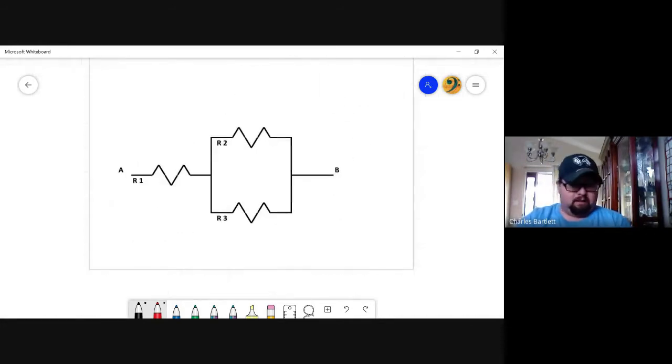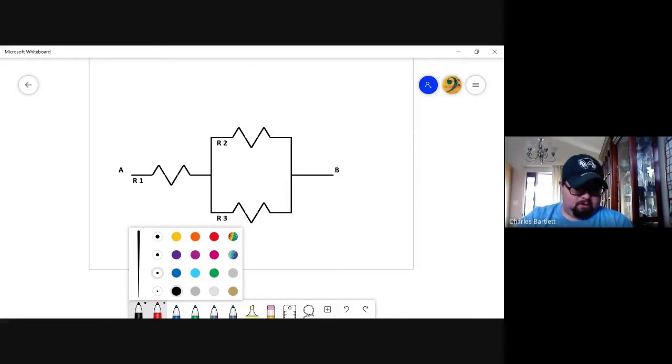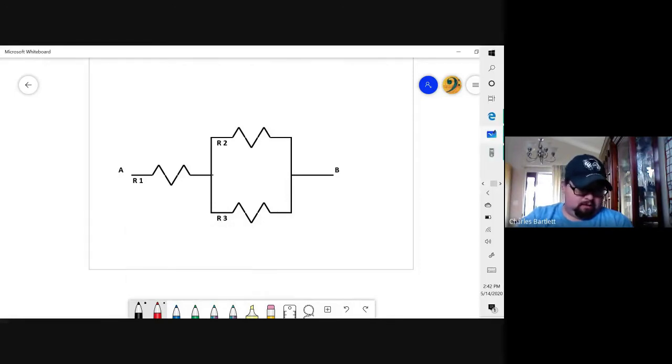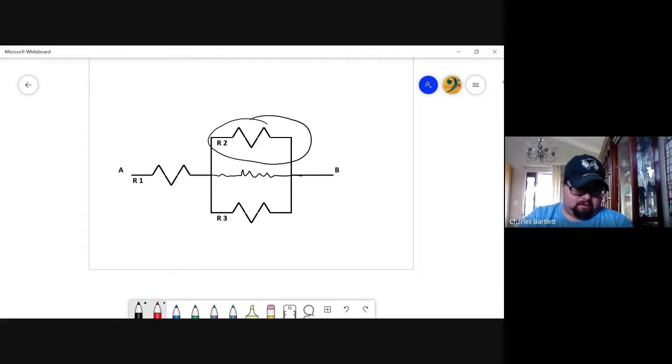Get this back. We already talked about how to collapse this down, but just a quick reminder that all we're doing is turning this parallel part and collapsing it down and basically creating a series circuit.